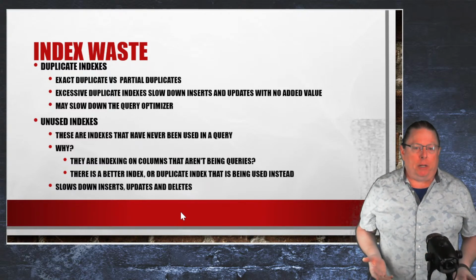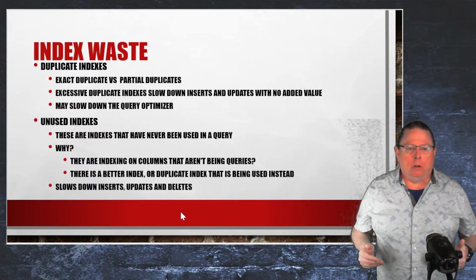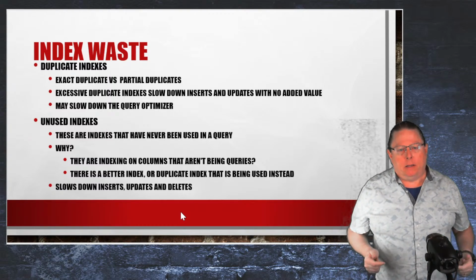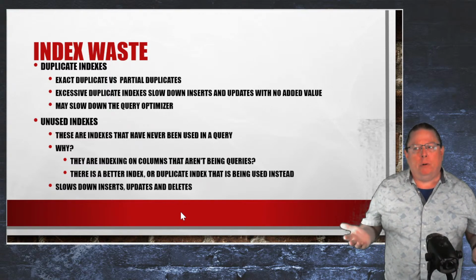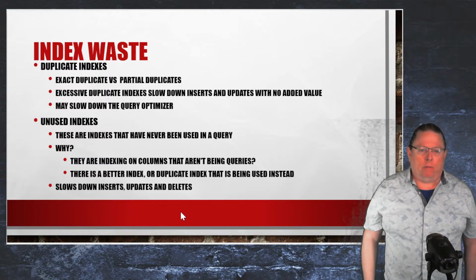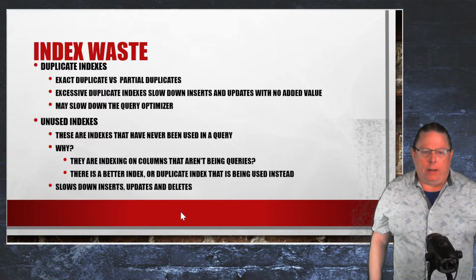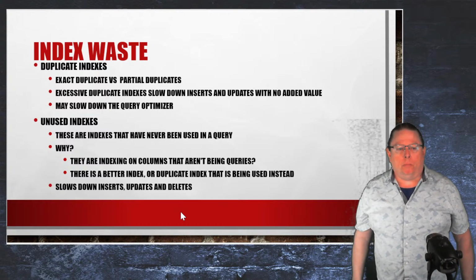And if you've got really big tables and you have two indexes on the exact same columns, that's a complete waste, because it's like at the back of the book having two indexes that are sorting by the same value. Well, you really only need one of them, because two of them aren't going to help in any way. But with duplicate indexes, there's a concept of an exact duplicate versus a partial duplicate.